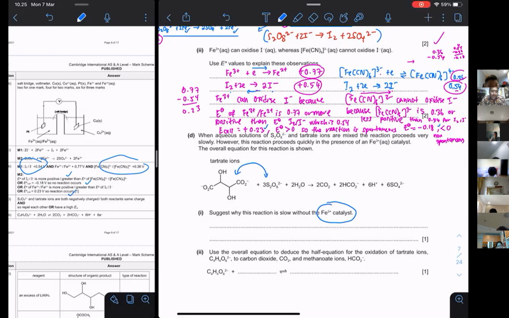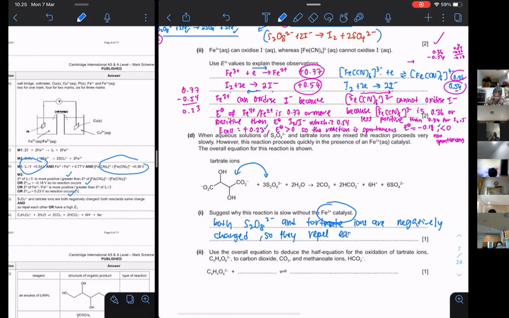So the main reason over here is, both S2O8 2- and tartrate ions are negatively charged. So they repel each other.